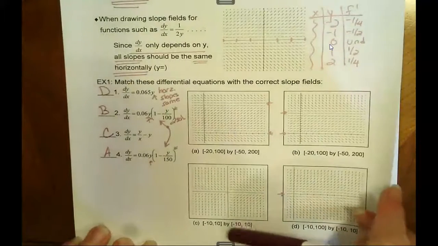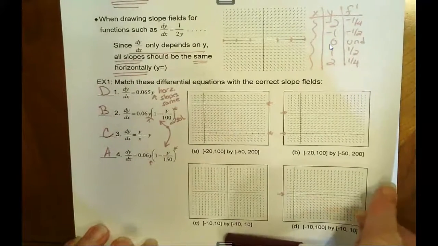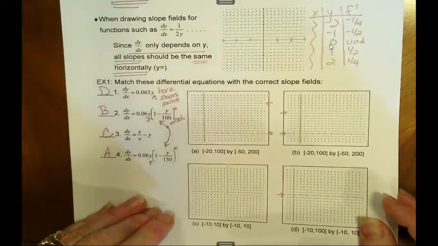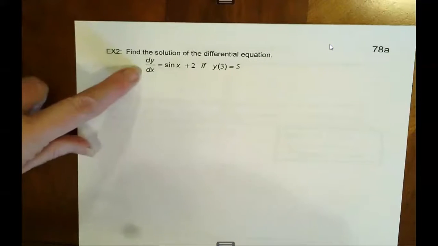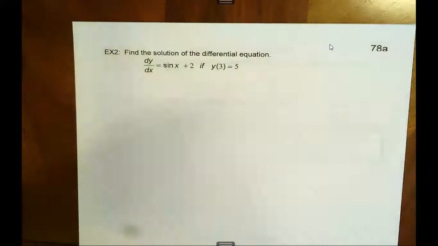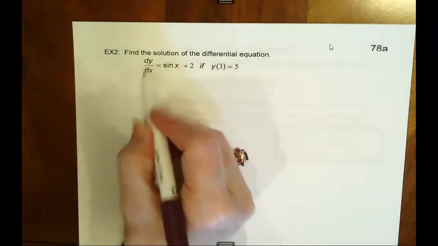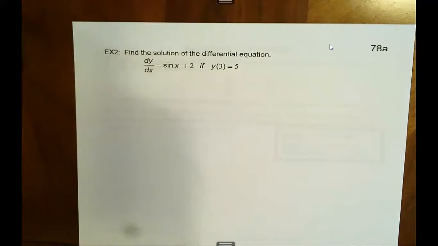All right, now this next page of these notes leads us into the next lesson. And I told you guys that we were going to be learning how to find solutions for differential equations. And so this is the beginning of that. We're going to figure out how we can separate this thing so that we can integrate it, because we know we can't integrate it with y's and x's together.